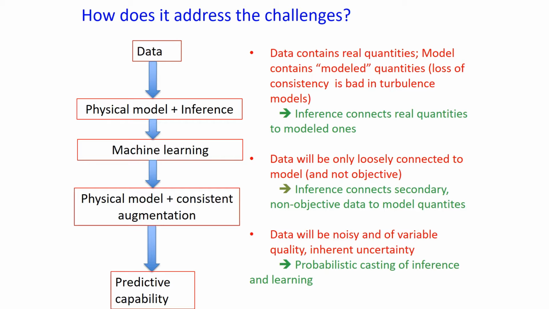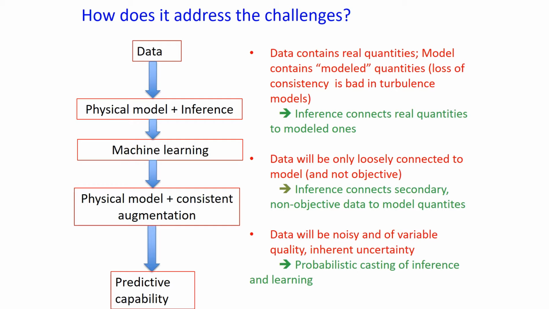And there are many other things that this methodology can help us address. For instance, we may have data that is very different from what you need for the model. We may just have pressure measurements at a few points, and we want to convert those pressure measurements into a model term. So it's not like that model term is sitting somewhere and then we learn it.